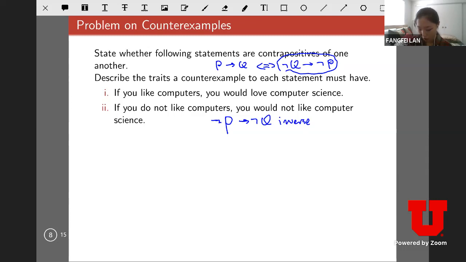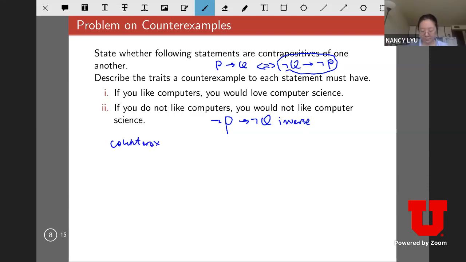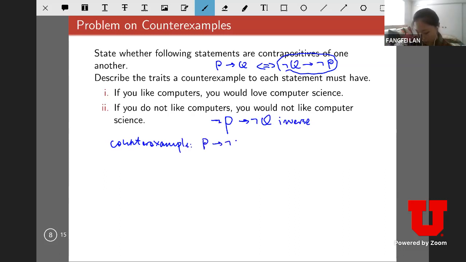I see some answers in the chat. Yes, the counterexample should look like P and not Q, right? Something like that.